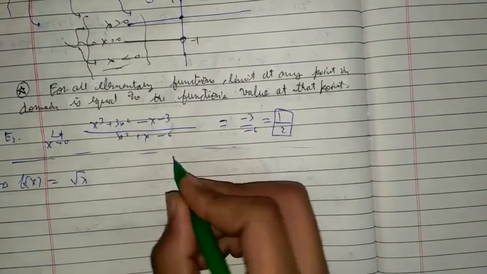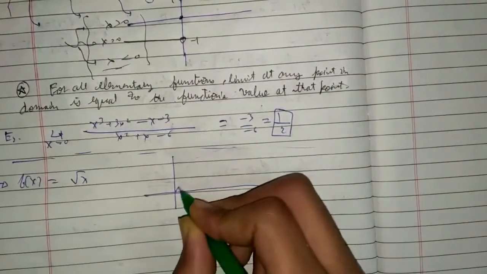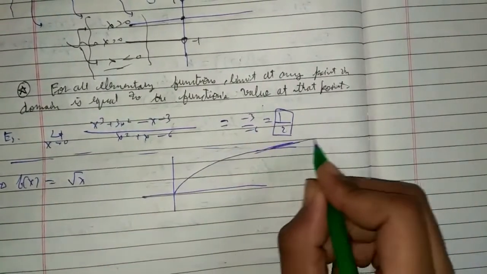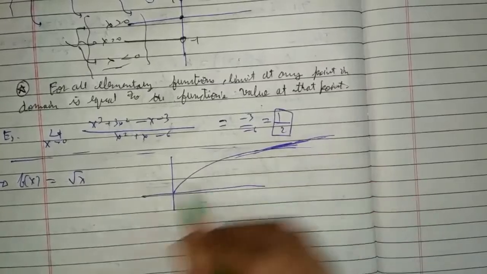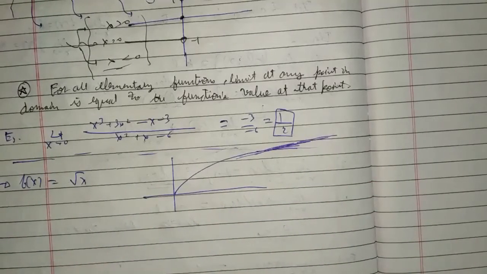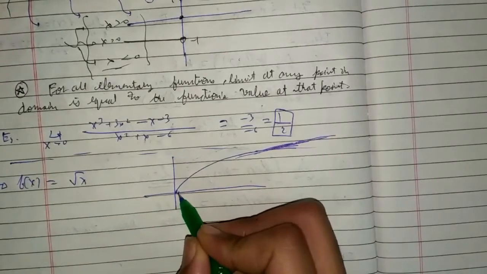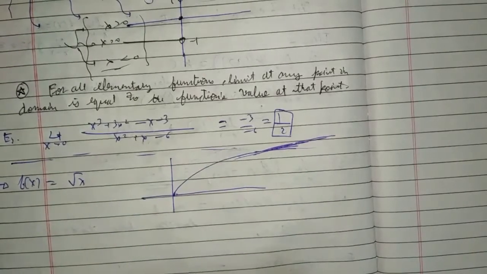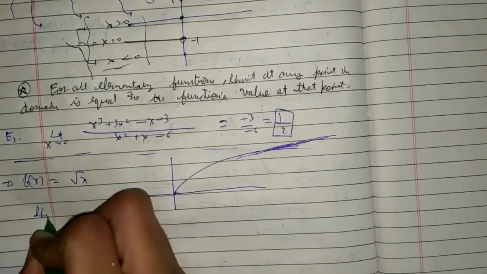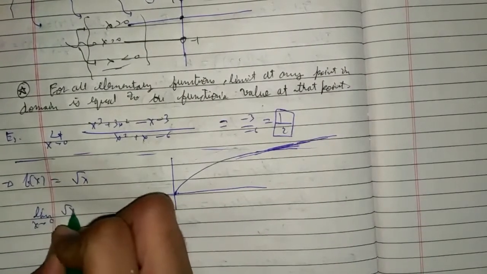From the graph you can see the function is like this. It is always an increasing function. So f is defined only at the right side of x equal to 0. So limit of x tends to 0 of root x is equal to 0, and we know that limit x tends to 0 of root x equal to 0.